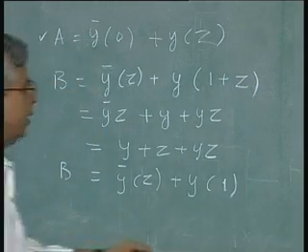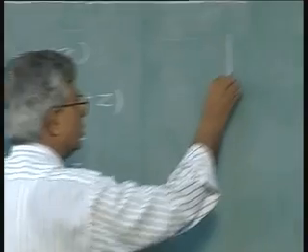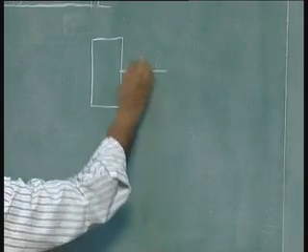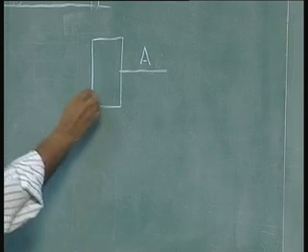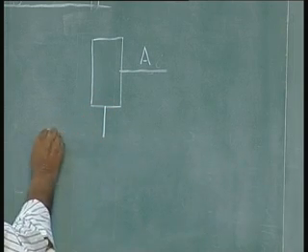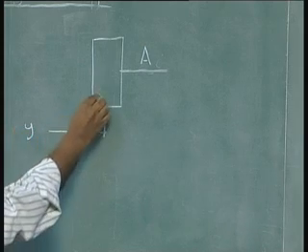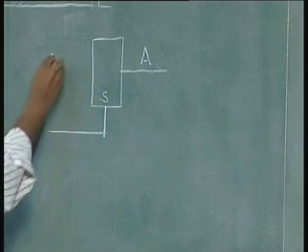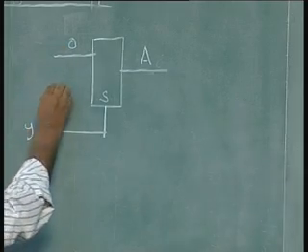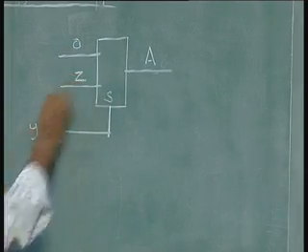So, it can be implemented in the first stage as follows. The a function will be obtained by giving y as the selector variable, 0 as the first input and z as the second input.